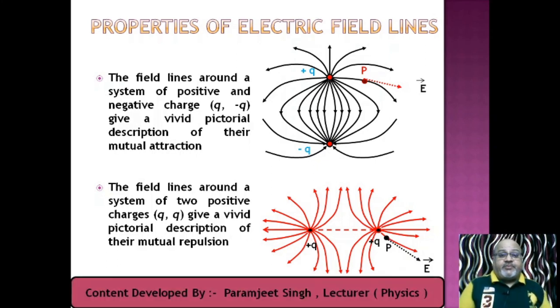So what is the importance of electric field lines? Electric field lines give an overall view of the electric field surrounding a charge or system of charges, and even give the direction of the electric field at any point. Let us move further.